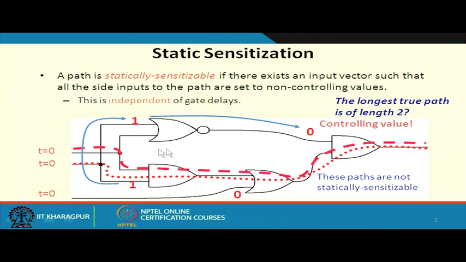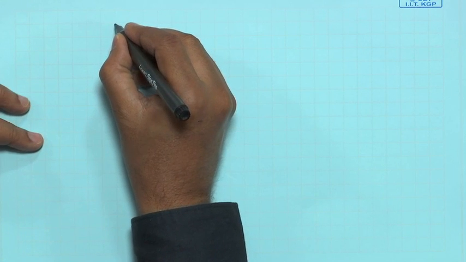Let me illustrate this with the help of this example. Let me work this out. The example given is a circuit like this.